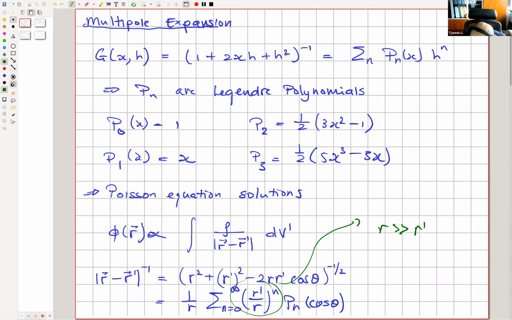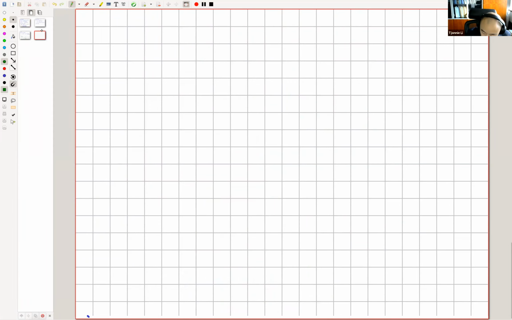To write it in this form, h is simply R prime over R, and x is cosine theta. So indeed here, instead of x, we got cosine theta. And so if I look at the dipole contribution, what is it that I have?